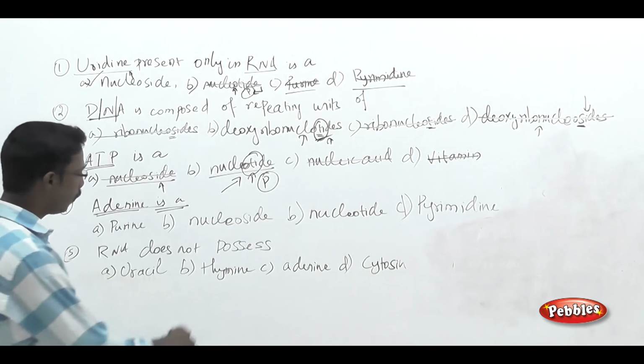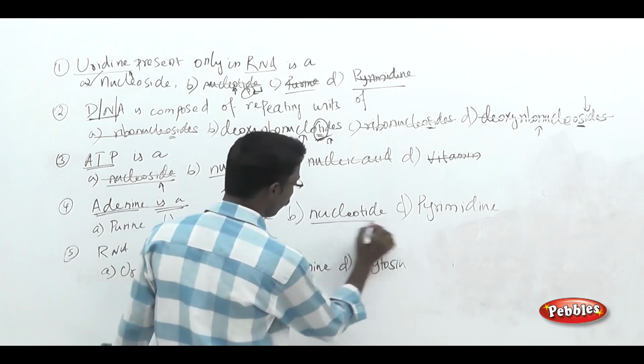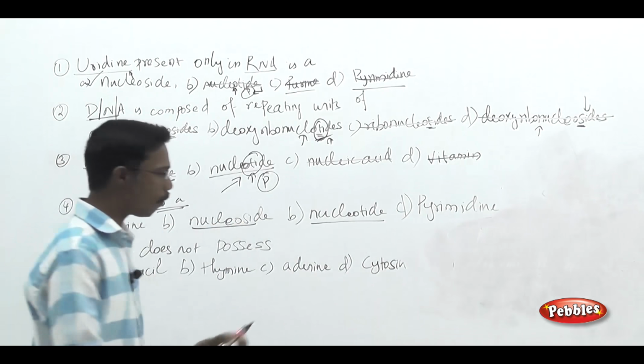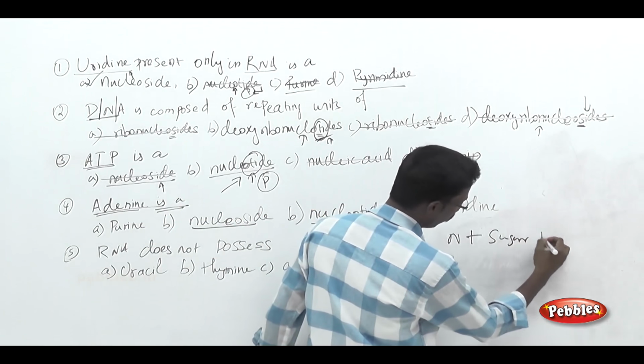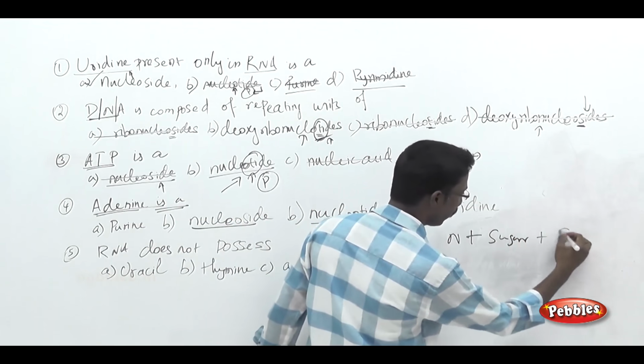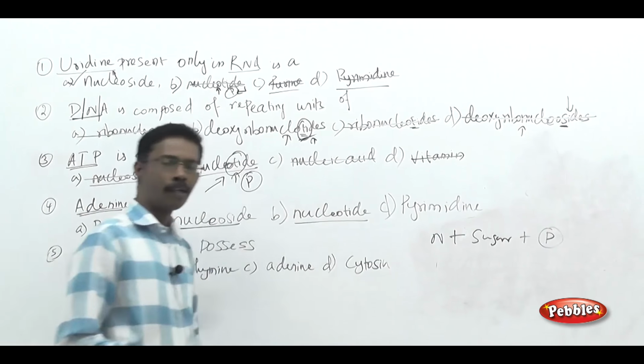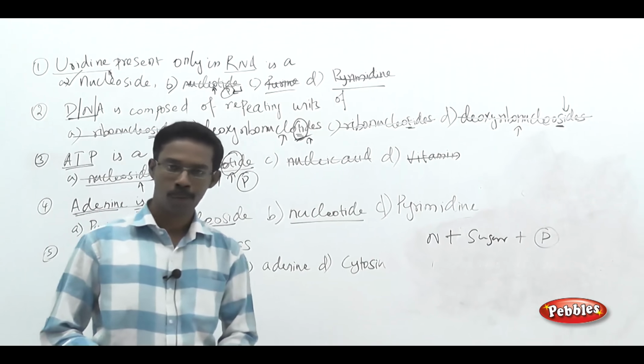Let's start with nucleoside and nucleotide. It is a combination of nitrogenous base plus sugar plus, if the phosphate is present, it is a nucleotide. If there is no phosphate, it is a nucleoside.